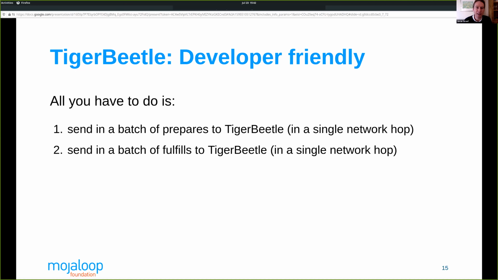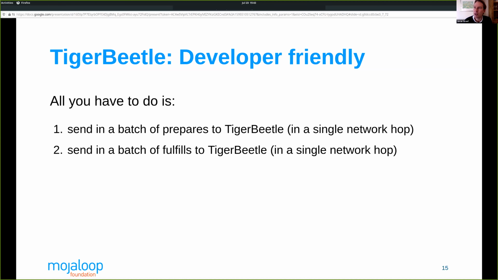You don't have to try and make MySQL into an accounting database. You just send in a batch of prepares to TigerBeetle, which is a single hop on the network. Then you send in another batch of fulfills to TigerBeetle, also a single network hop. Just 2 things, prepares and fulfills, and you can get on with the rest of what you want to do in your stack.